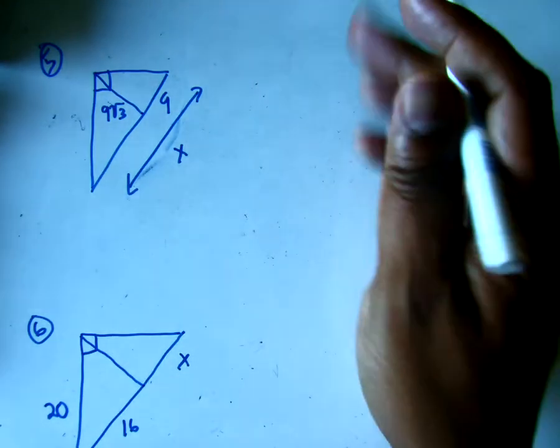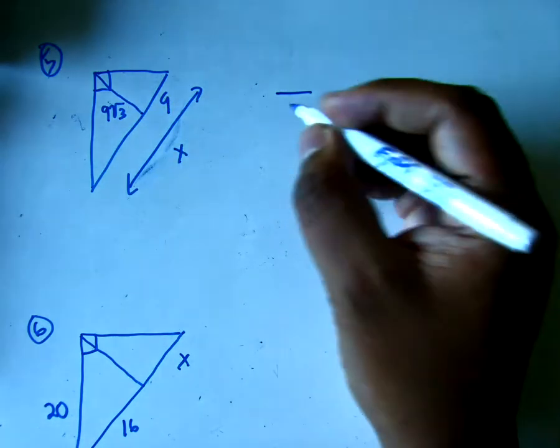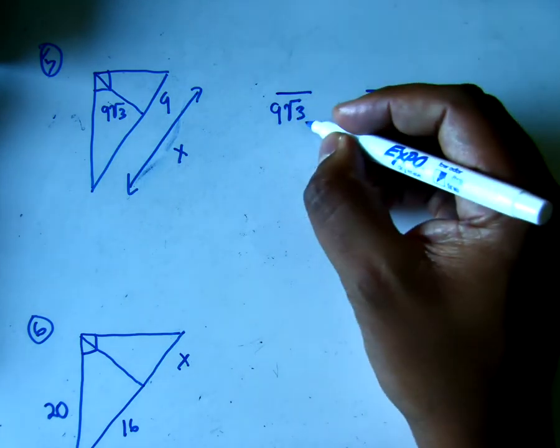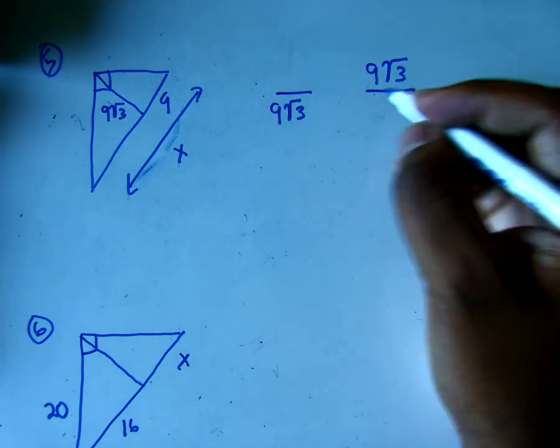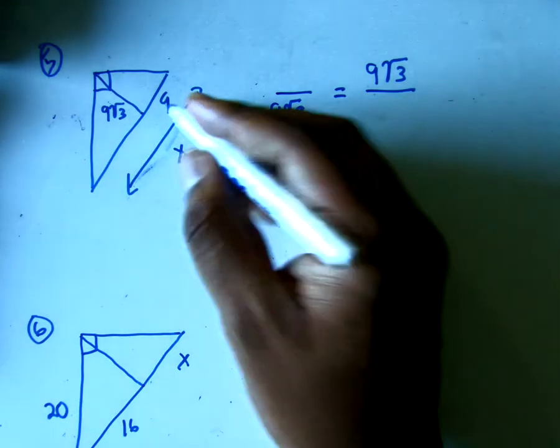First, I'm going to start off by setting up my ratio. And I know I have the altitude. And the altitude is going to be 9 square root of 3 in the denominator and 9 square root of 3 in the numerator. So what I need is my other 2 pieces for the altitude rule. So I have 1, which is 9.